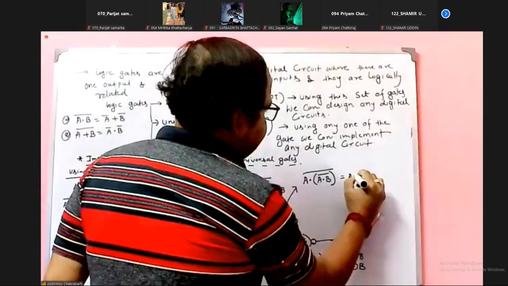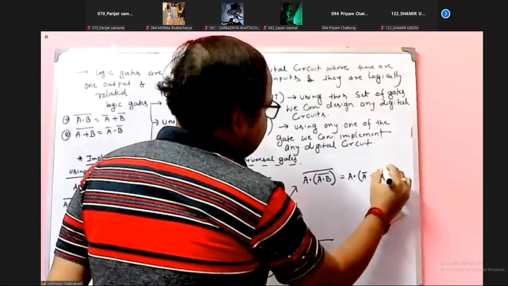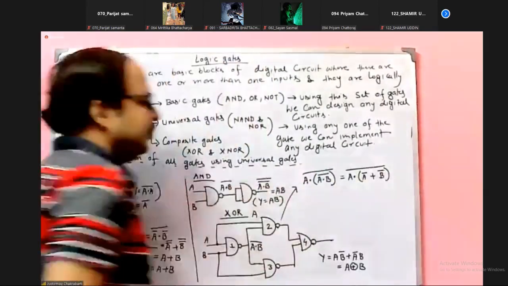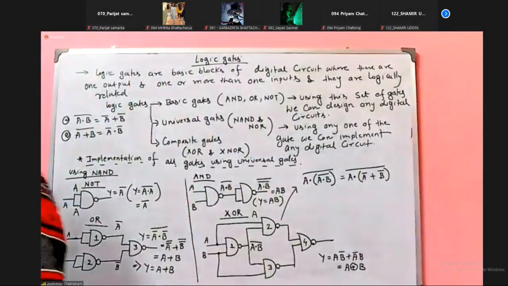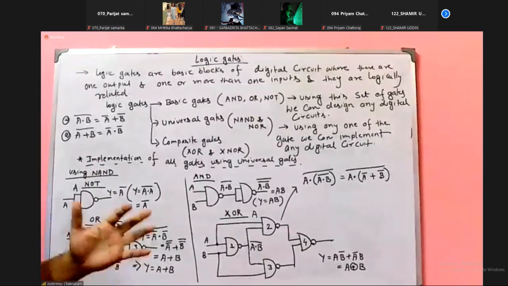So I can write a into a bar plus b bar whole bar. Okay, so what is a dot a bar? কালকে আমি এগুলো দেখাবো। What is a dot a bar? A dot a bar is 0.